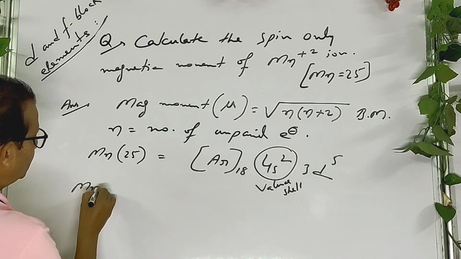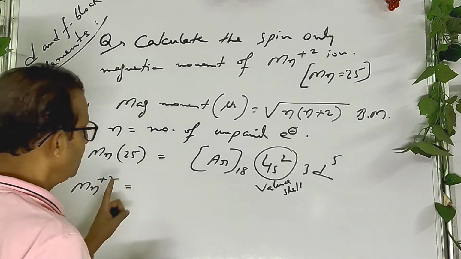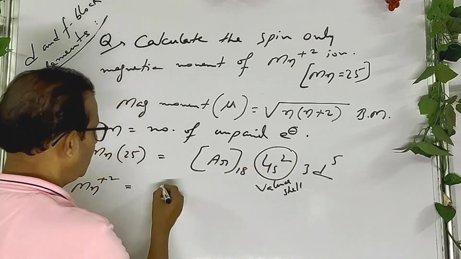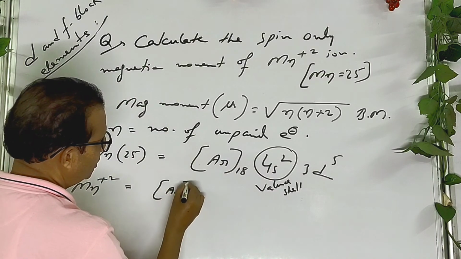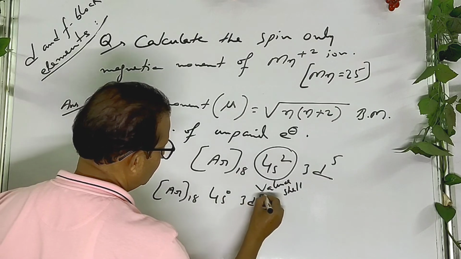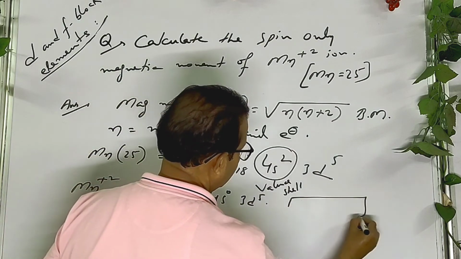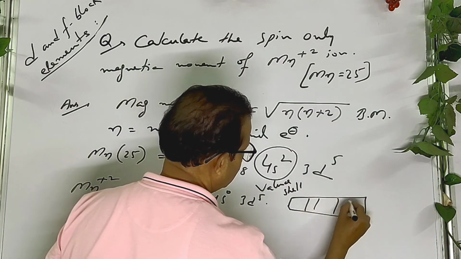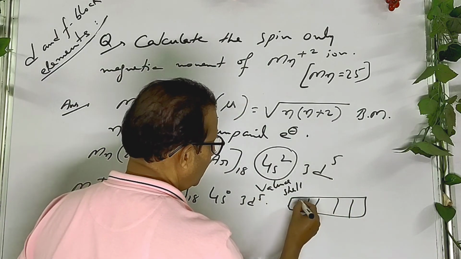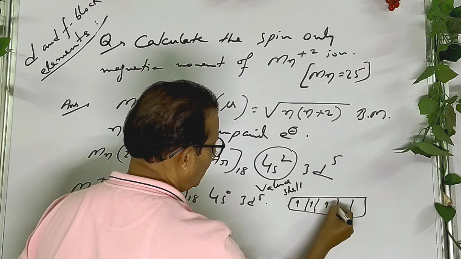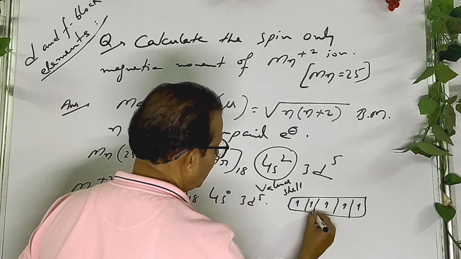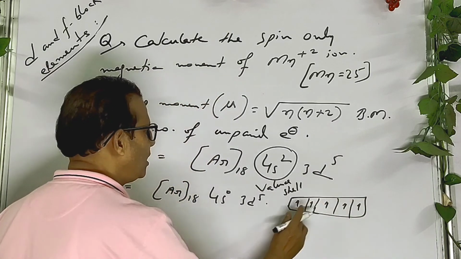Now in manganese 2 positive ion, remember it, electrons are at first removed from the valence shell. So argon 18, 4s 0, 3d 5. So d orbital, you know that there are 5 d orbitals. Put 5 electrons according to Hund's rule. Electrons are at first filled singly with parallel spin.